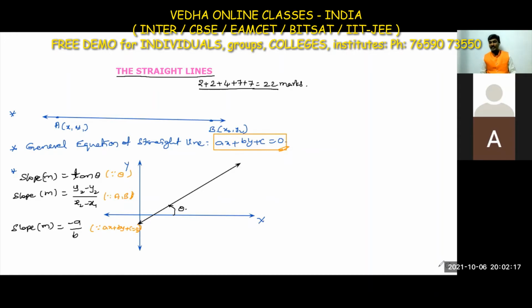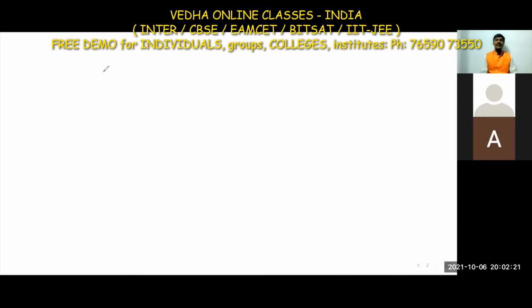So what do we have more? We have a few equations. For example, I have a horizontal line and a vertical line, that means the x-axis and the y-axis.